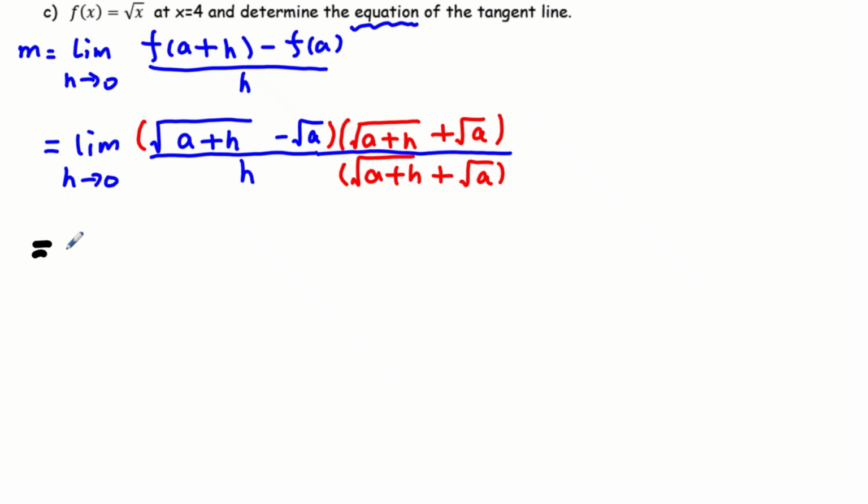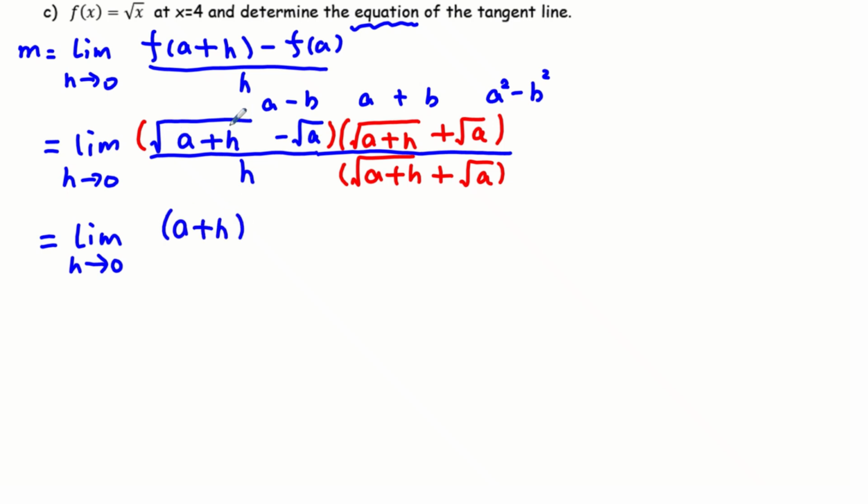So now we are going to continue. A plus b times a minus b will give you a squared minus b squared. And that is why we want to do the conjugate term. This is a, you square it, you will get rid of the square root.